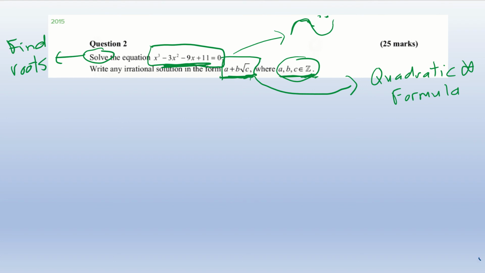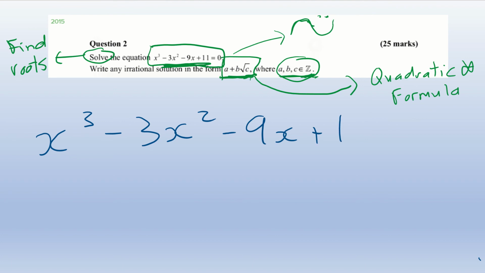This first step gets your question up and going, but it is a glorified trial and error part of the question. So I'm just going to write out my equation there again. X cubed minus 3x squared minus 9x plus 11 is equal to 0, just so you can see what I'm doing.